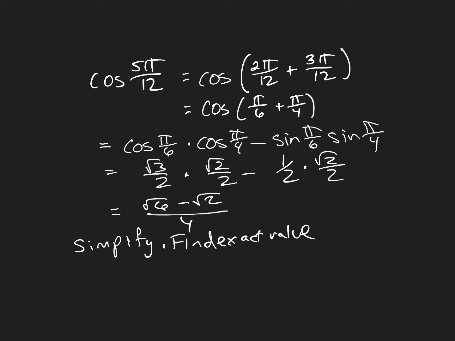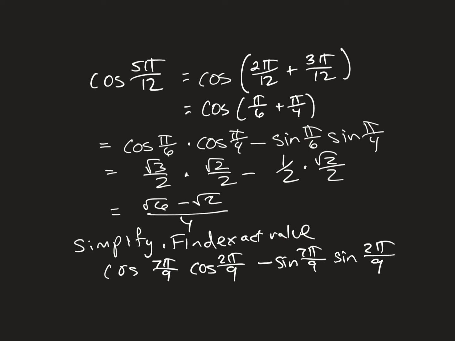You could see something like this: let's make something up here, cosine 7 pi over 9 cosine 2 pi over 9 minus sine 7 pi over 9 sine 2 pi over 9. Oh, it's not cosine, it's sine.